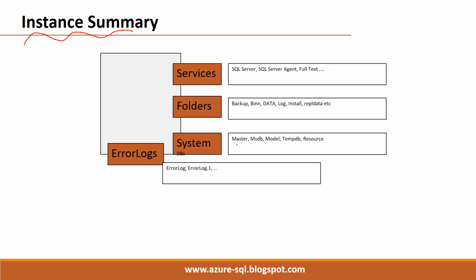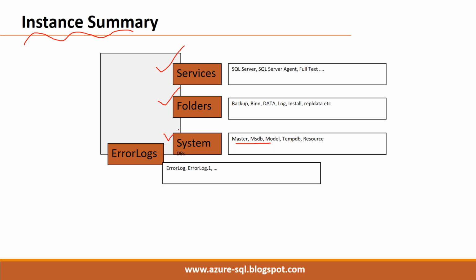Already we have discussed this just now. Every instance has four major components. One is that every instance has its own services. Every instance has its own folders.